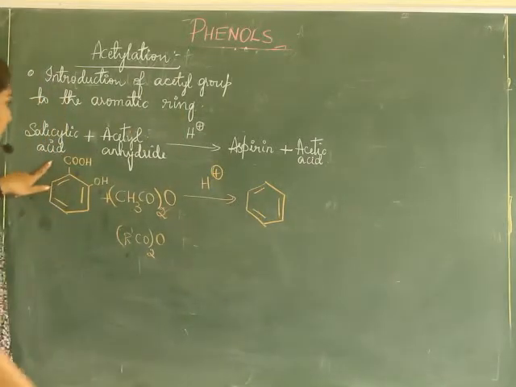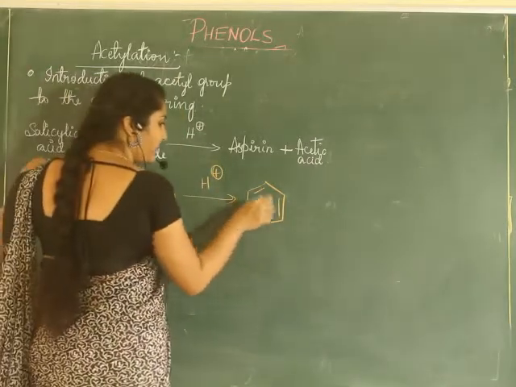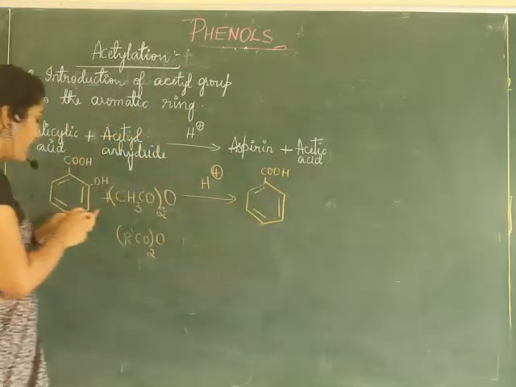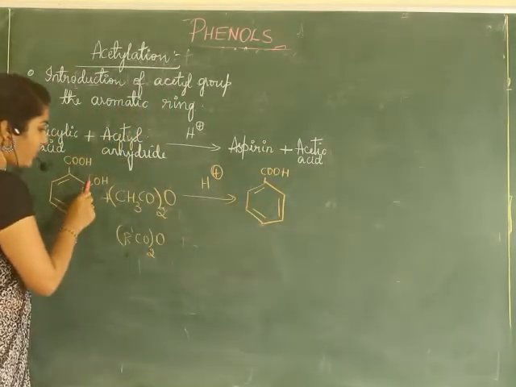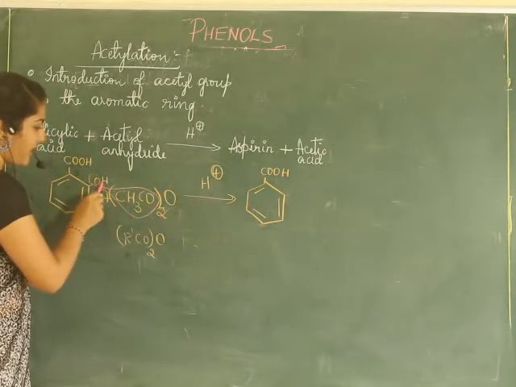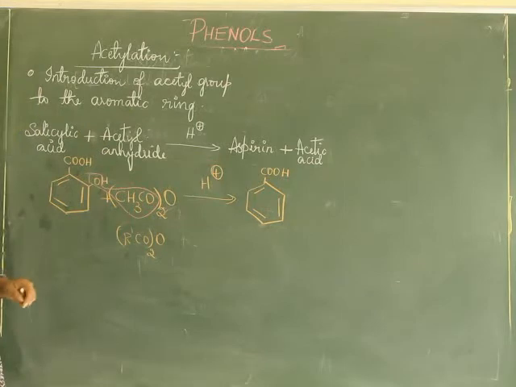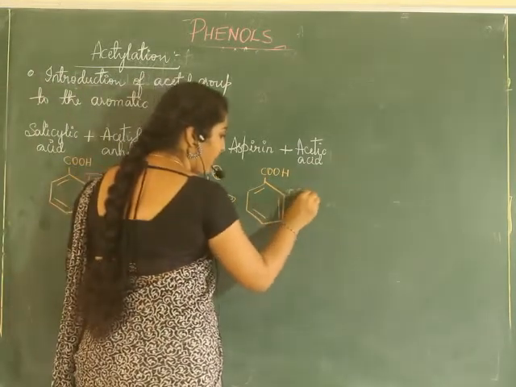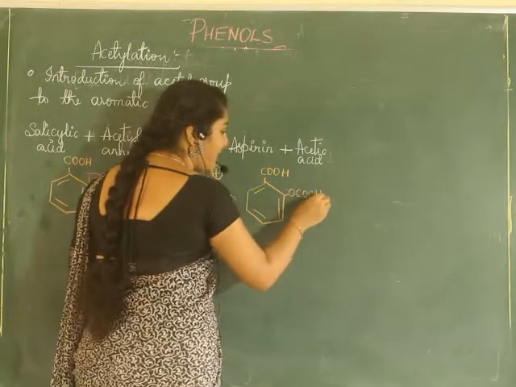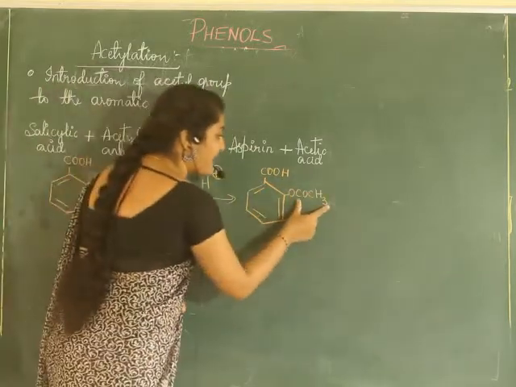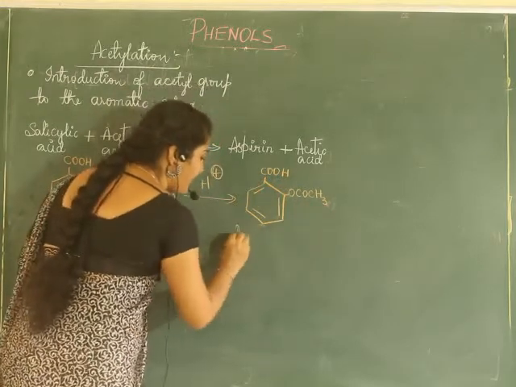See here, COOH remains the same. Where the change takes place is here: O, CO, CH3 comes and attaches. So it becomes O COCH3, and this part is the acetyl part. So what is the name? It is called acetyl salicylic acid.